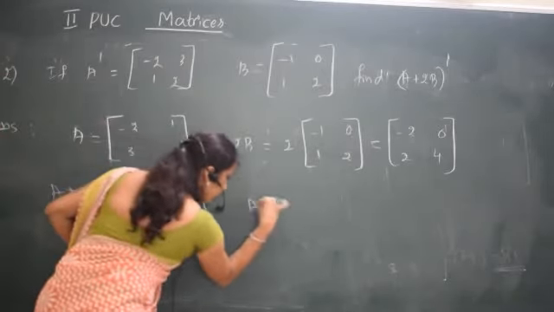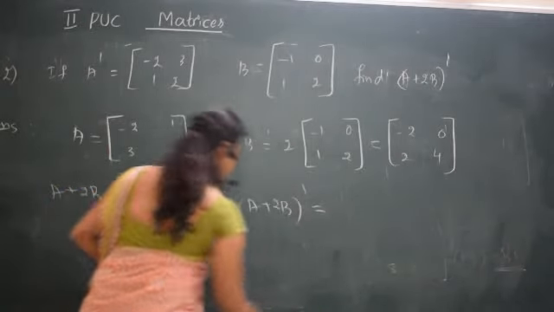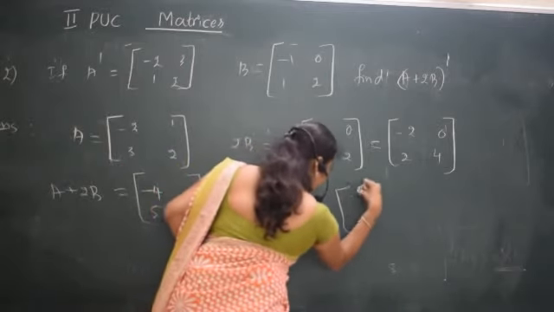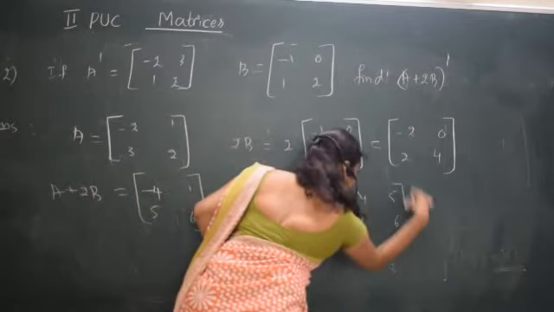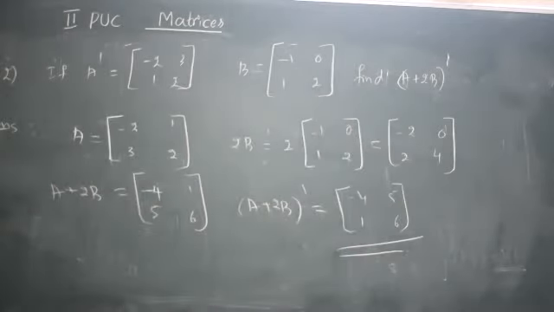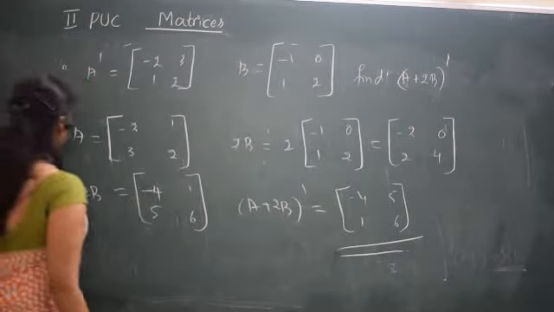Then (A plus 2B) whole transpose is equal to the transpose of this: minus 4, 1, 5, and 6. So the value of (A plus 2B) whole transpose is minus 4, 5, 1, and 6. So note this down.